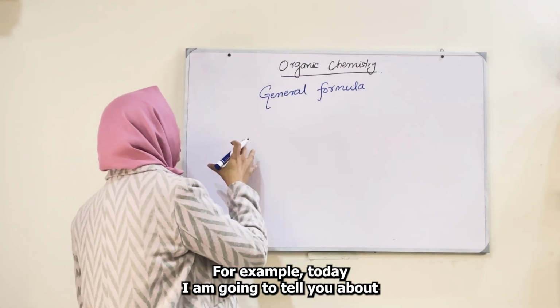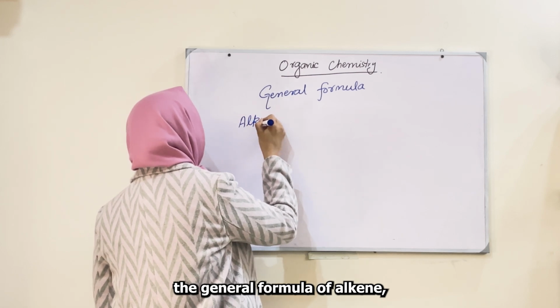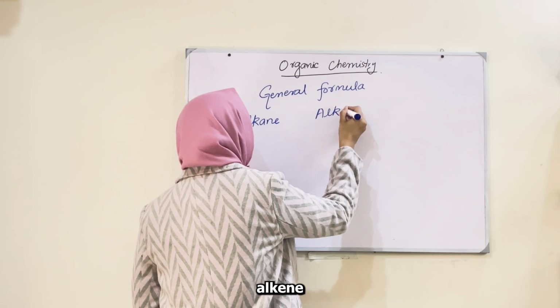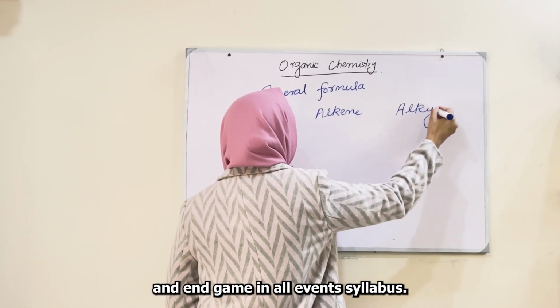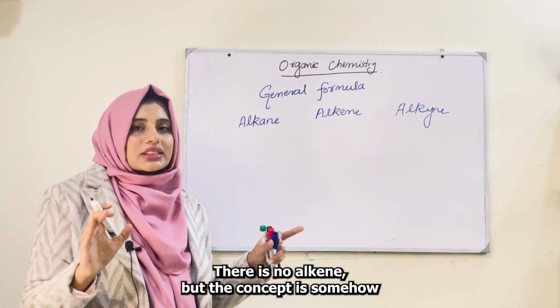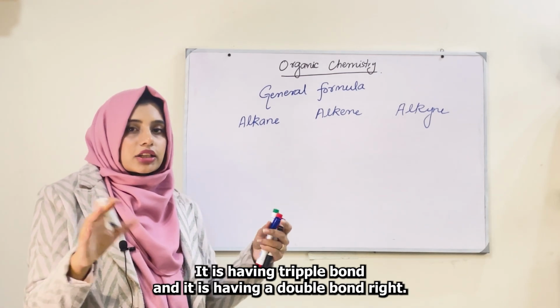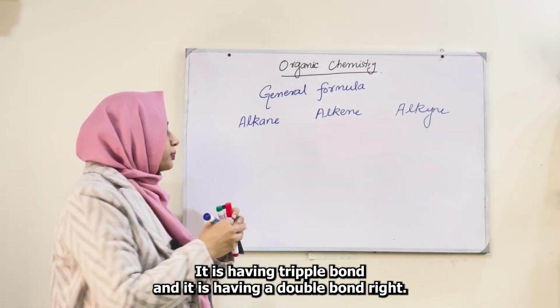For example, today I am going to tell you about the general formula of alkane, alkene, and alkyne. In O-levels syllabus, there is no alkyne, but the concept is somehow related to alkene because it is having a triple bond and it is having a double bond, right?